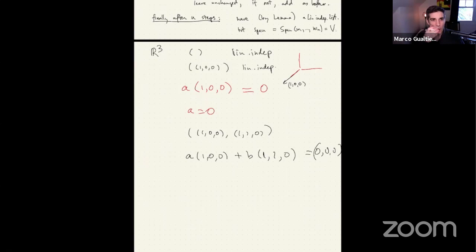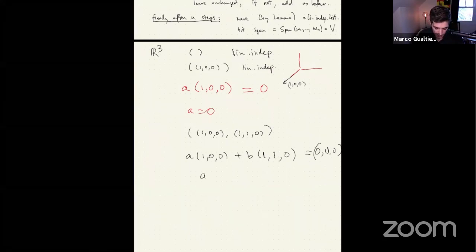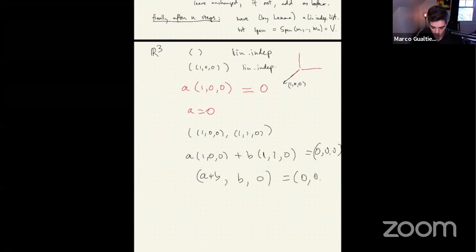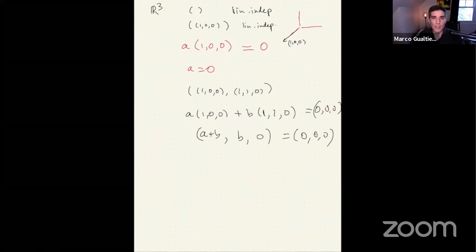What's interesting is whether I can have a sum of non-zero elements, at least some of them being non-zero, which equals 0. That's a redundancy. So in this particular case, what do I get? I get A plus B, B, 0 equals 0, 0, 0. So can I find A and B which satisfy this equation?